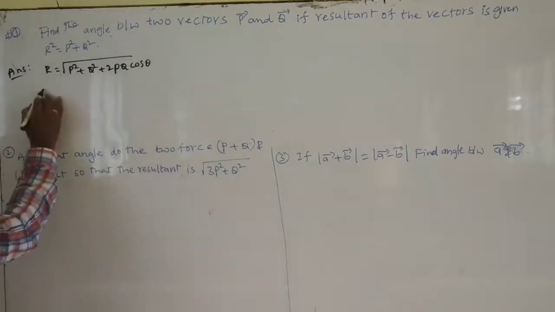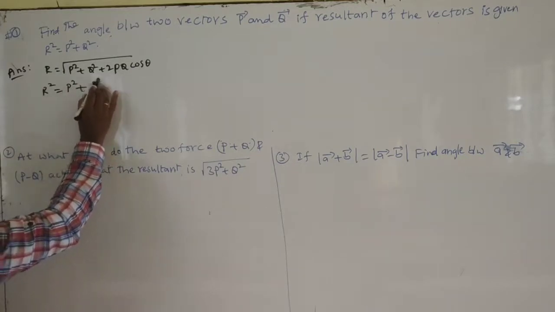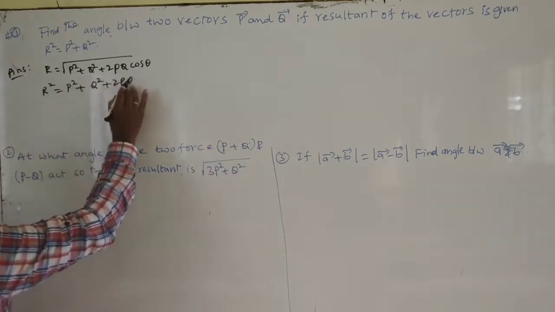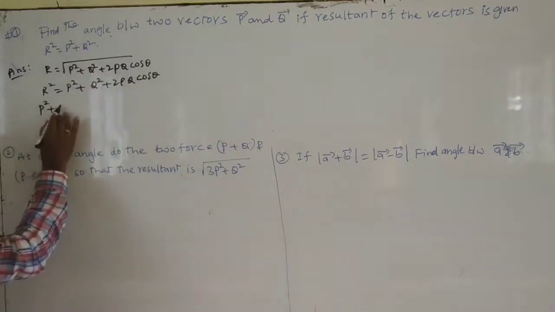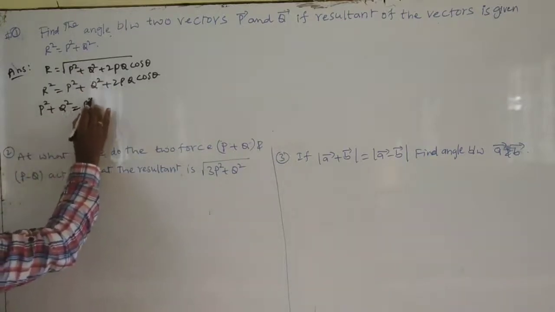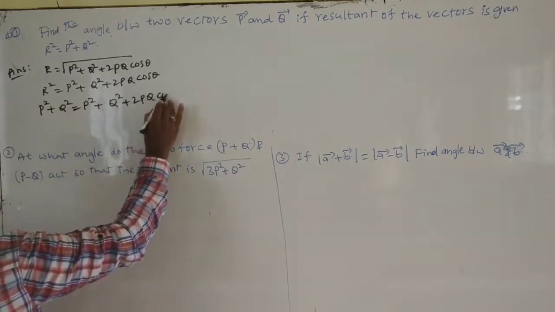So both sides squaring, p square plus q square equals to p square plus q square plus 2pq cos theta.